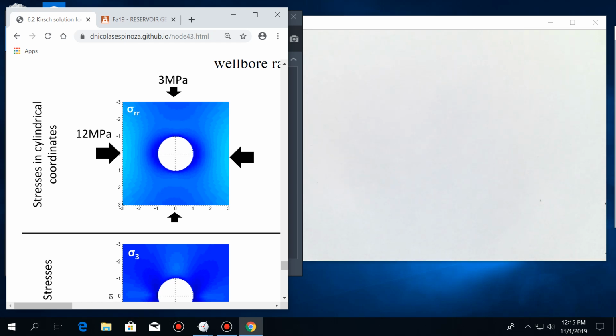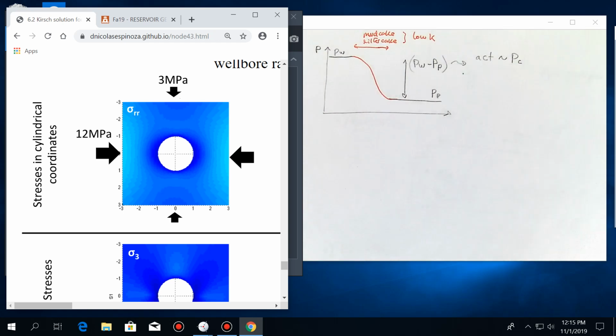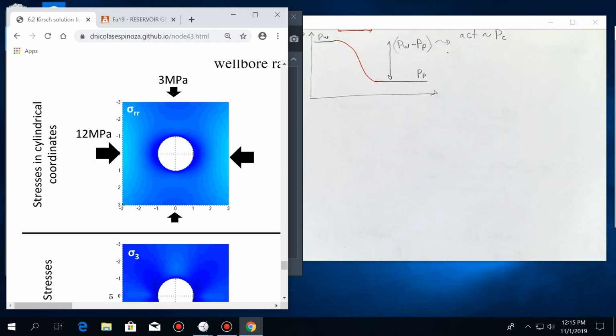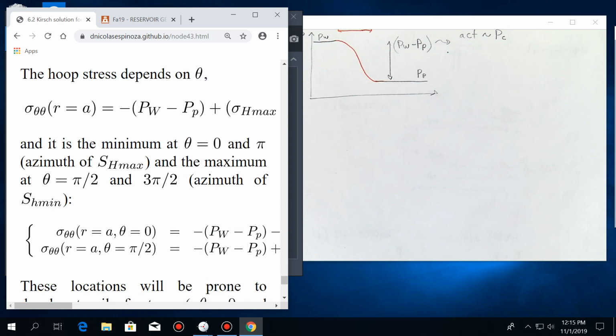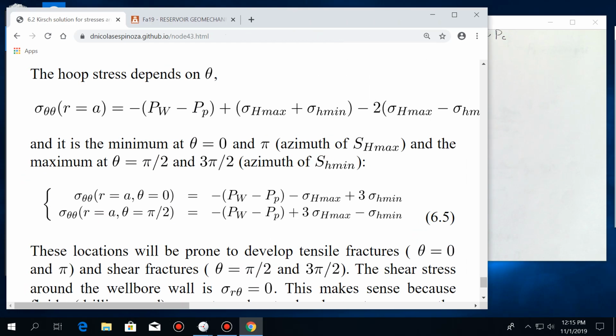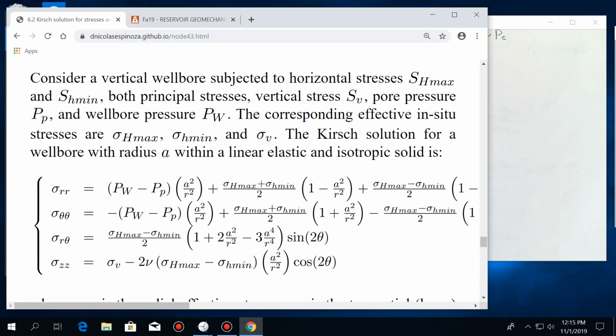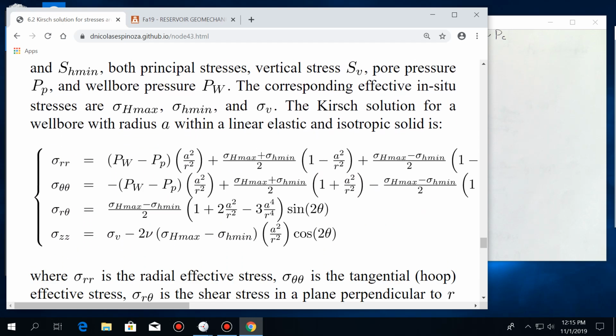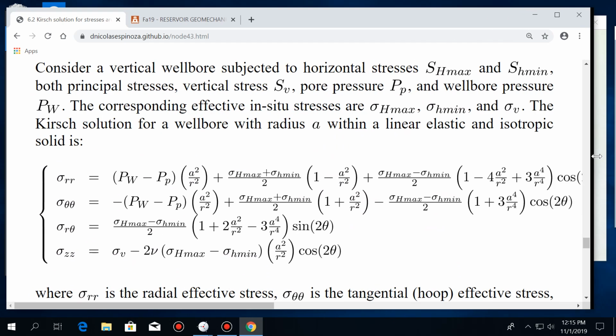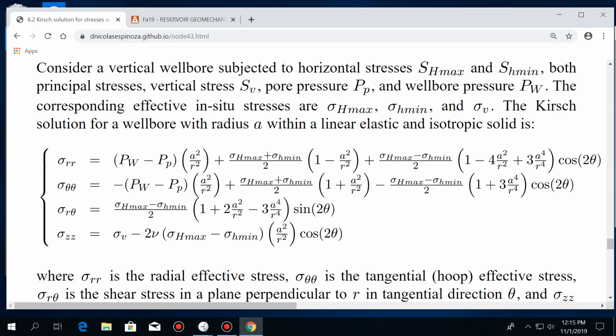Let's continue the talk about wellbore stability. And for that, we need to come back to the Kirsch equation. This is the full Kirsch equation. Let me put it over here. And it predicts, again, stress as a function of r and theta for all r and thetas.